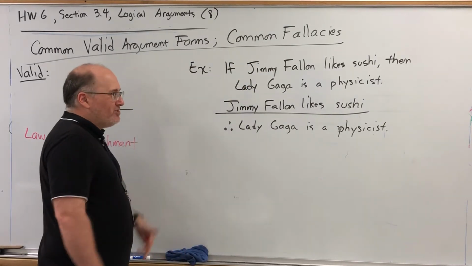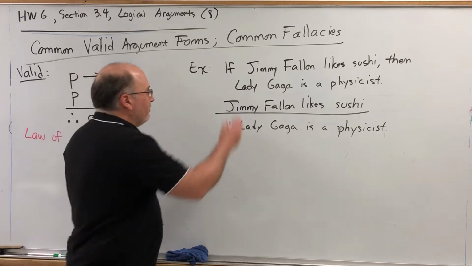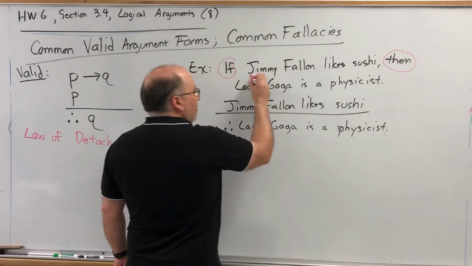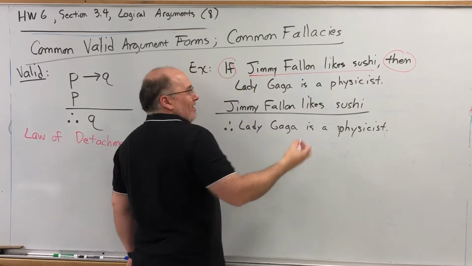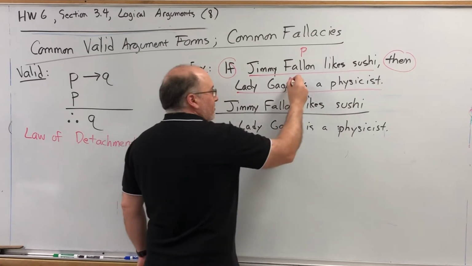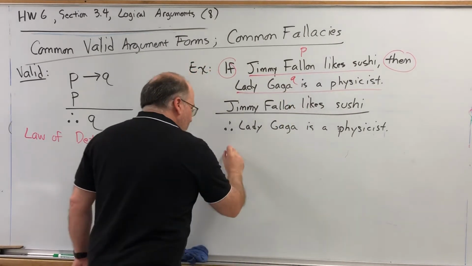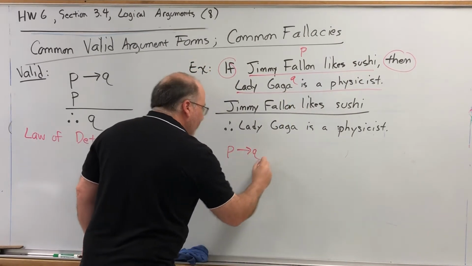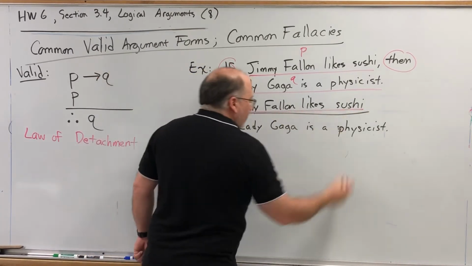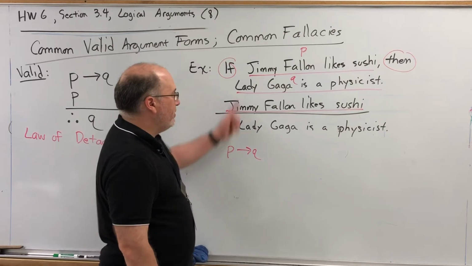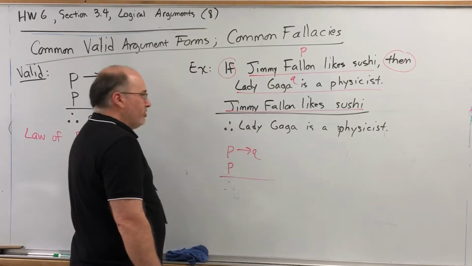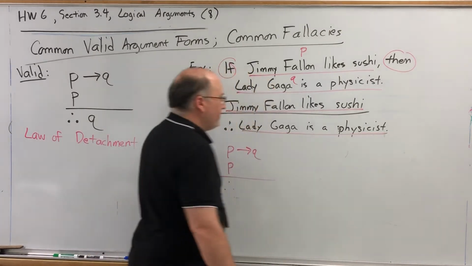Well, if we were to translate this argument into symbols, the first premise is a conditional. We can call Jimmy Fallon likes sushi P, and Lady Gaga is a physicist Q. And so our first premise would just be P pointing to Q. Our second premise is Jimmy Fallon likes sushi, which we already called P. In our conclusion, Lady Gaga is a physicist.